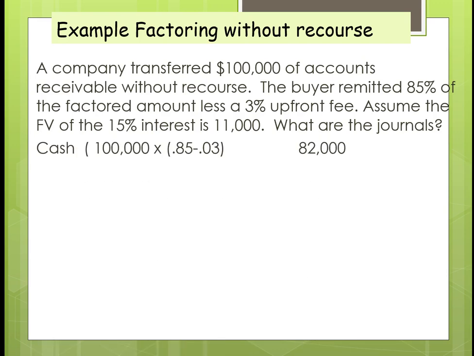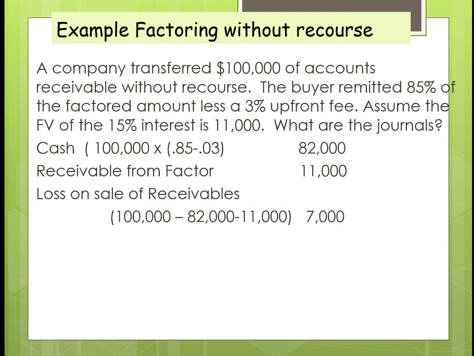First, you would receive $100,000 less 18%, so 82%. Then the receivable from factor is going to be $11,000, and loss on sale of receivables is normally your plug. So the accounts receivable that comes off the books is $100,000. You would book your cash and receivable from factor, and then the difference would be your loss.